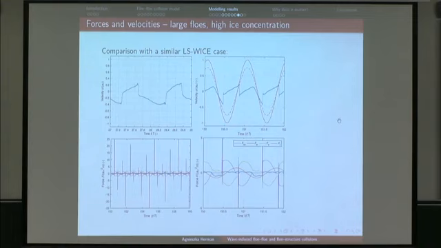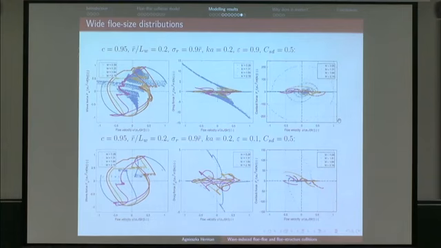This is a very different case from those short-lived collisions previously. The results are very regular, actually, even if we introduce some variability of floe sizes to the model or any other parameters.